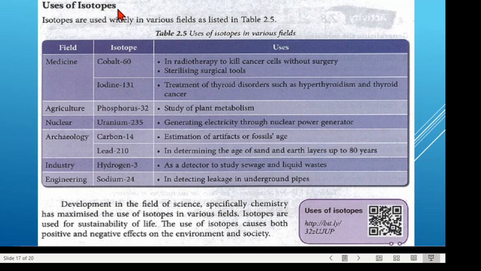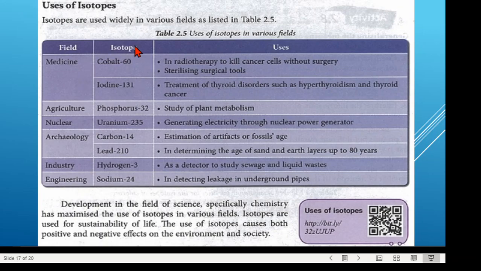Uses of isotopes. Isotopes are used widely in various fields. For example, in medicine, in agriculture, in nuclear, in archaeology, in industry, in engineering.